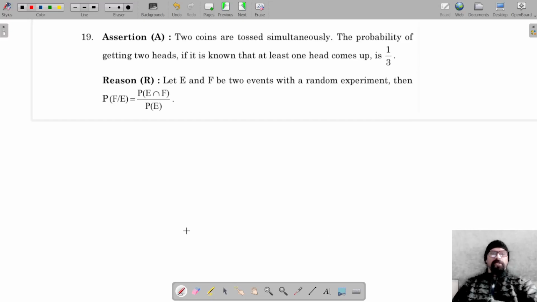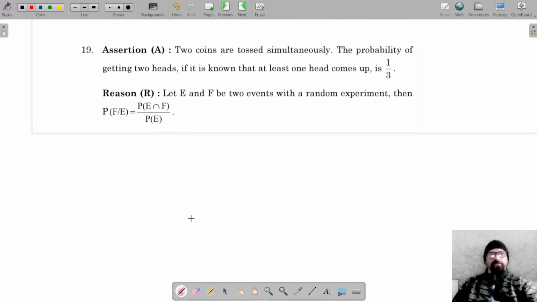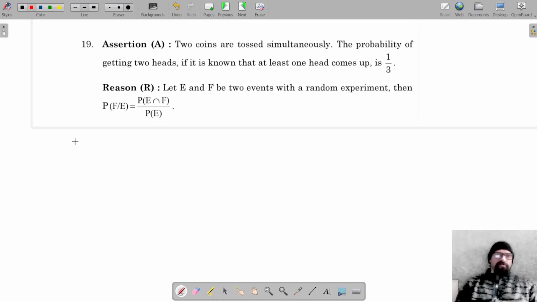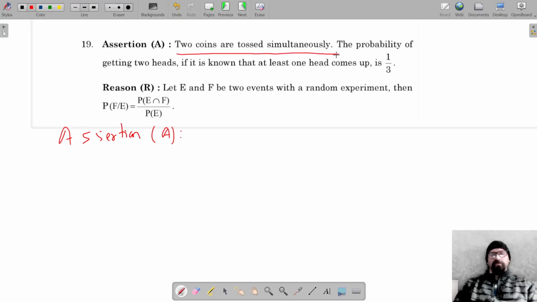Okay, for question number 19, which is the assertion and reason based question, let's check the assertion first. It's given that 2 coins are tossed simultaneously.